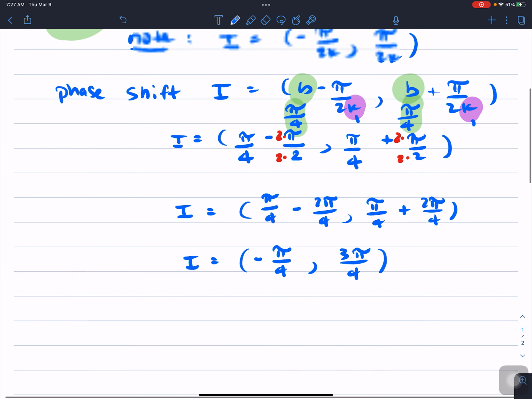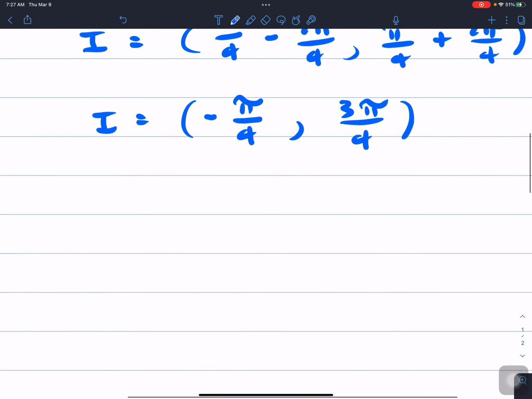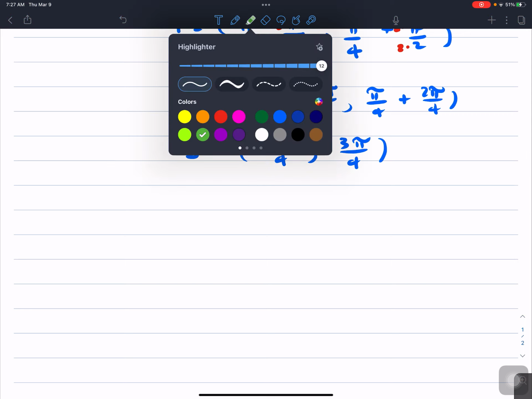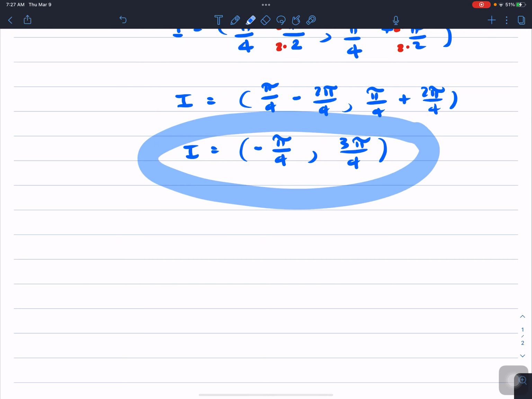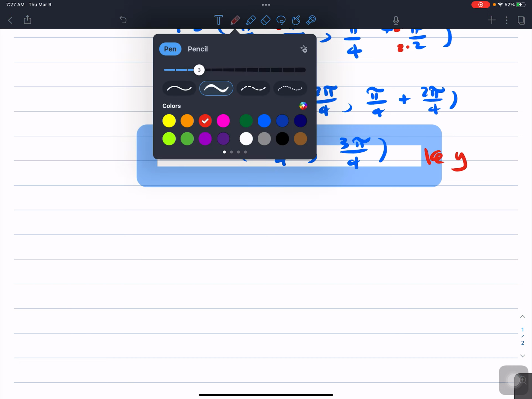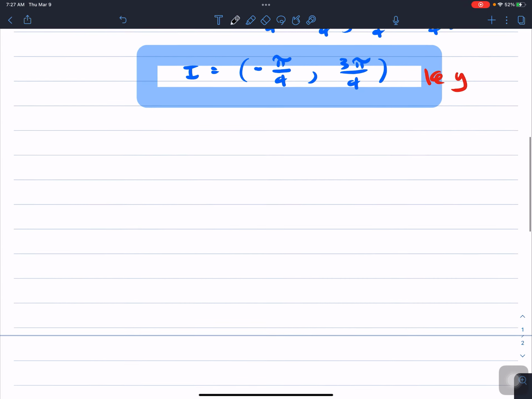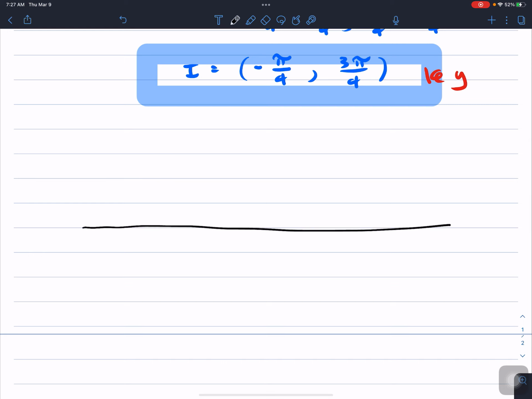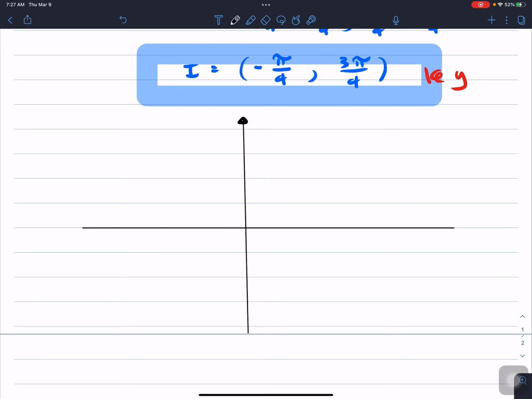All right, now I would say to you in all honesty, this to me is really going to be your key to graphing. I'm going to call that the key. Now notice again, you have an open interval here. So why is this the key? When you start to sketch this curve, ladies and gentlemen, this is only one cycle.